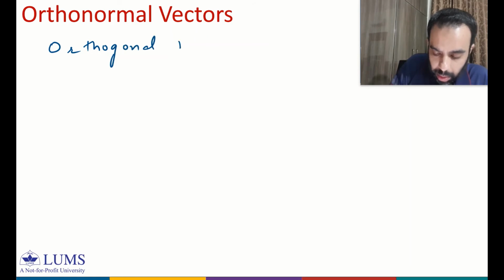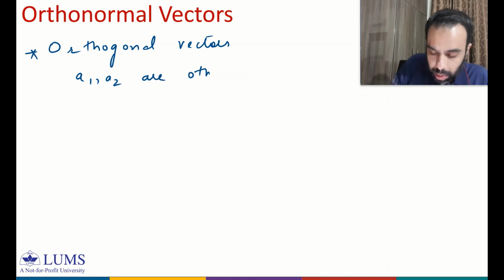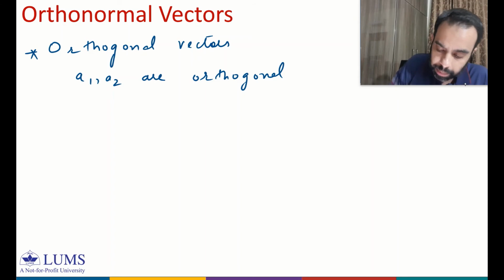or orthogonal vectors. So we say the two vectors, say a1 and a2, they are orthogonal if their inner product is equal to 0.